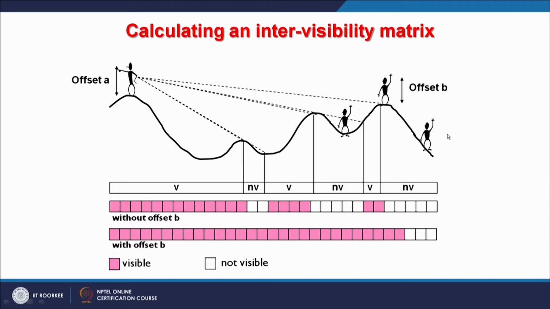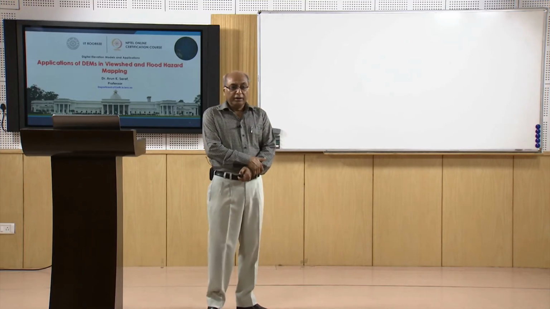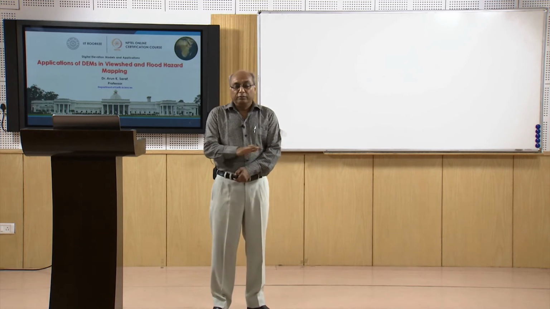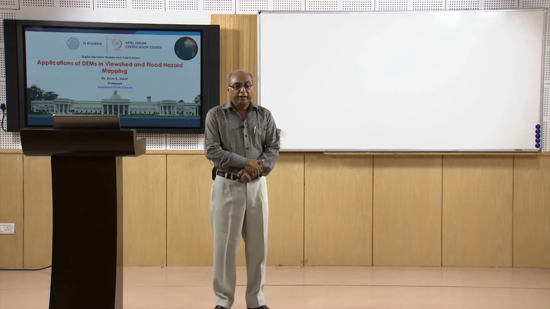And this is of course an example with the offsets along a profile, but when we employ a digital elevation model, we can see all around, not only along a profile. Maybe as per requirements, we can do this analysis for 360 degrees as well.